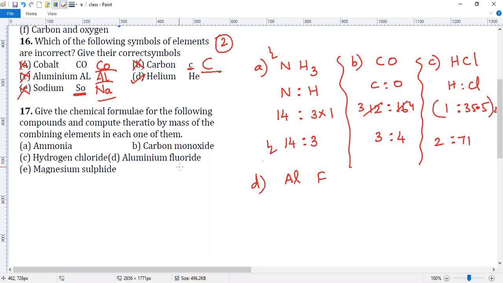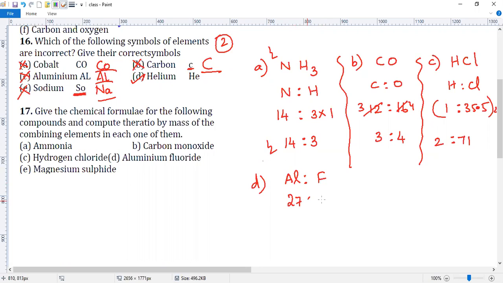For fluorine, the atomic number is 9. For aluminium, the atomic number is 13, that is the number of protons. The number of neutrons is 14. So totally 27 will be the atomic mass of aluminium.